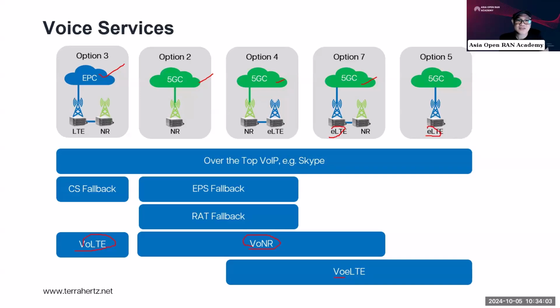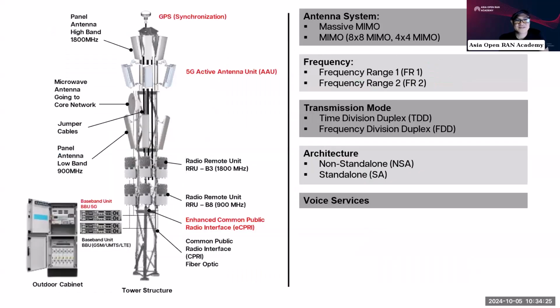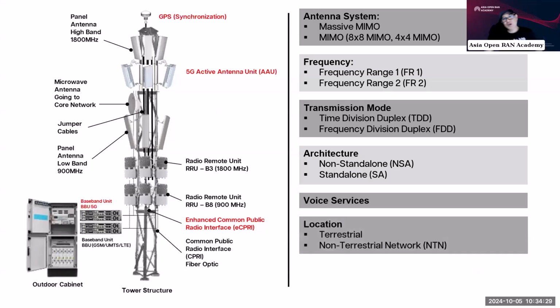Essentially, it's like a VoLTE. But essentially, you still have voice calls in 5G, either over the top, EPS fallback, RAT fallback, or VoNR. It won't disappear. We can still make calls. Don't worry.